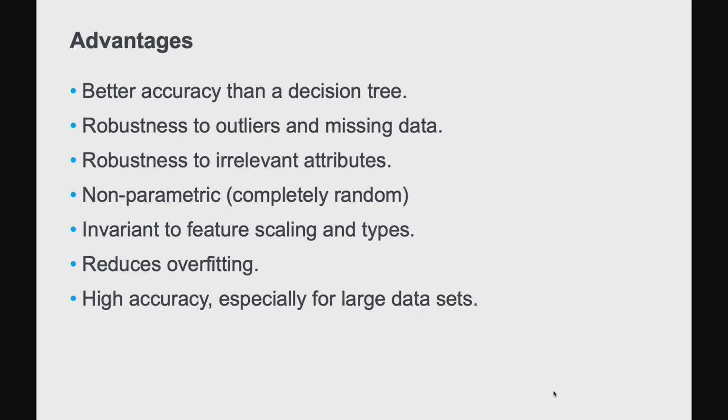Random forests inherently reduce overfitting. Even if we generate overfitting trees, with the voting schemes that we have, we will reduce this. Still, it's not a good idea to grow extremely large trees. And especially for large data sets, when we can create meaningful subsamples, it gives us a high accuracy.